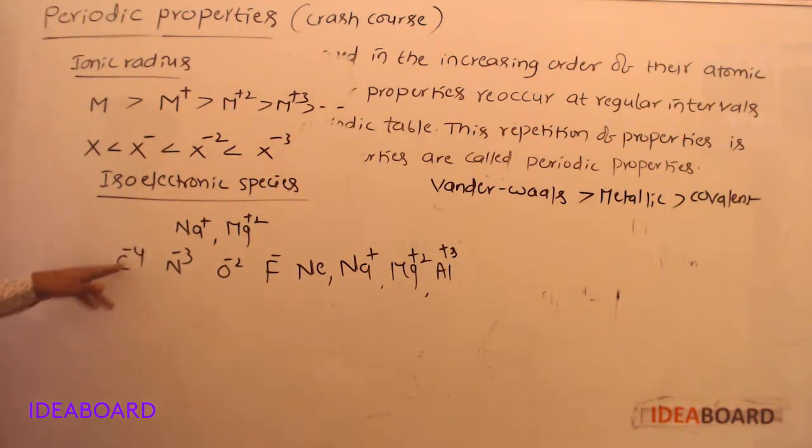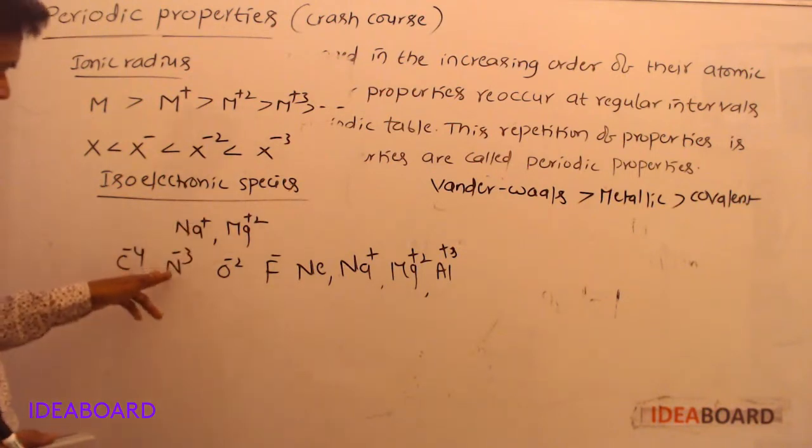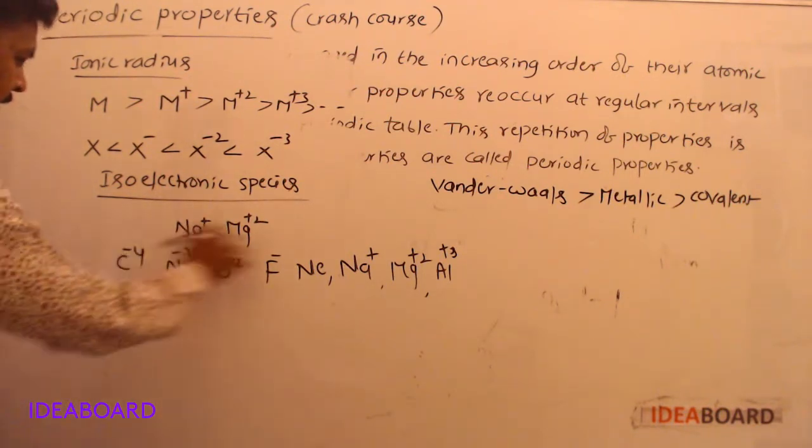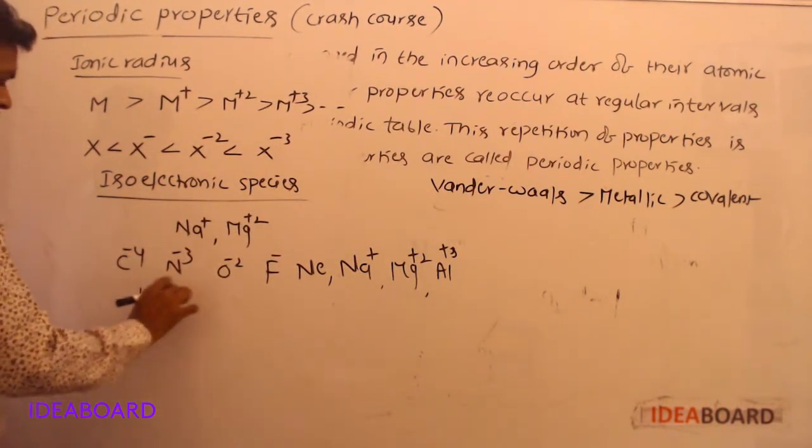Neutral carbon has 6 protons and 6 electrons, but if carbon gains 4 electrons, then C minus 4 is formed, which contains 10 electrons. Like that N minus 3 also.